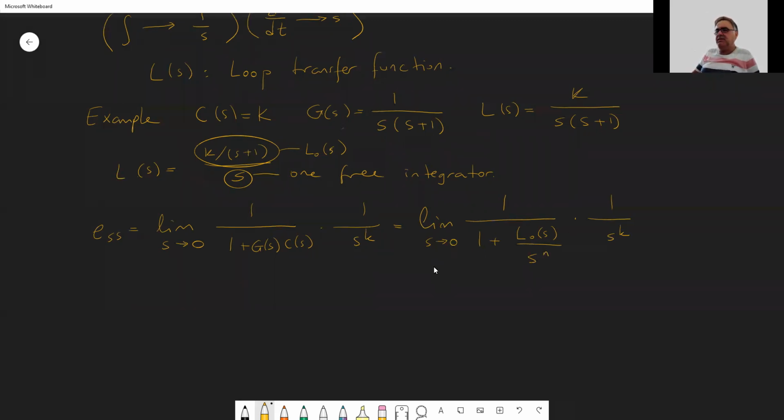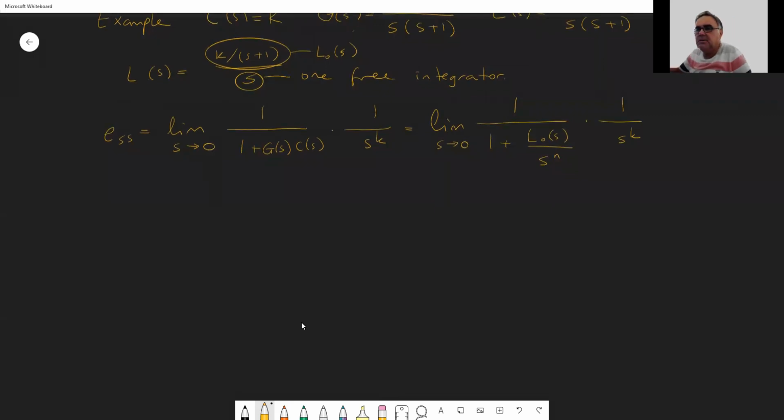But this s to the n can be rewritten as follows. There has to be a limit, sorry. The limit s goes to 0 of s to the n over s to the k.